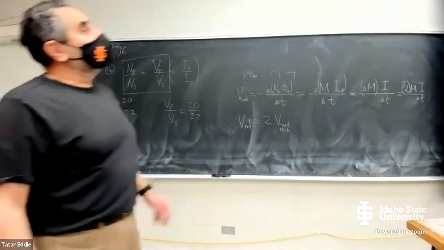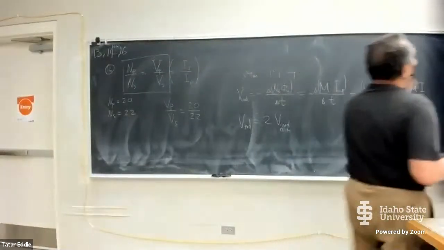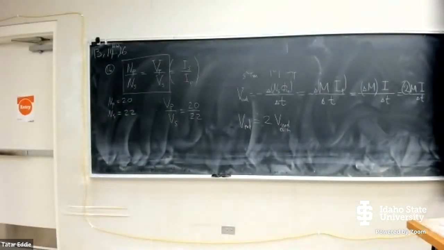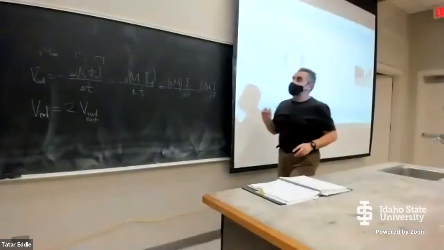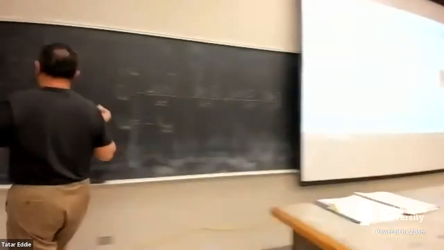So they say that the voltage across the resistor, which is the same thing as the voltage in the secondary, the peak voltage in the secondary, is given.